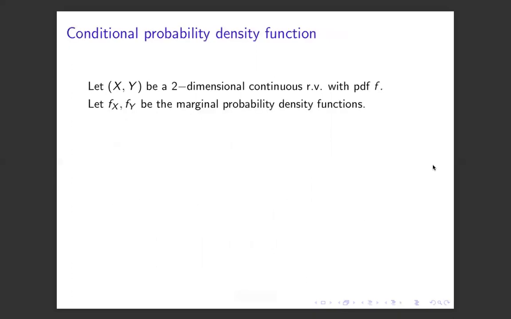So let X comma Y be a two-dimensional continuous random variable with PDF F. So that F will be called the joint PDF of X and Y. You know that. And F sub X and F sub Y be the corresponding marginal probability density functions.